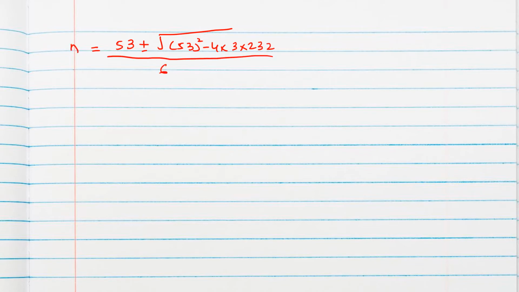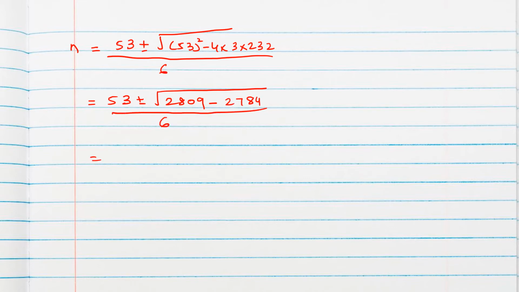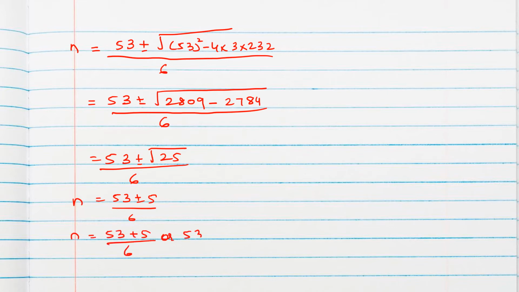This is the n value. 53 square is 2809, and 12 into 232 will give 2784. Divided by 6, 53 plus or minus the square root of 25, which is 5, by 6. So two values of n we will get here: 53 plus 5 divided by 6, or 53 minus 5 divided by 6. So 53 plus 5 means 58 by 6, or 53 minus 5 means 48 by 6.